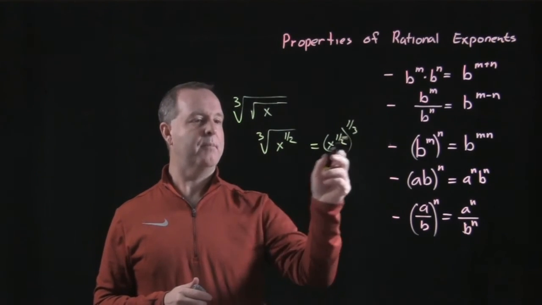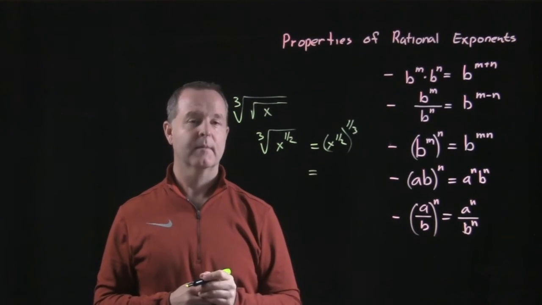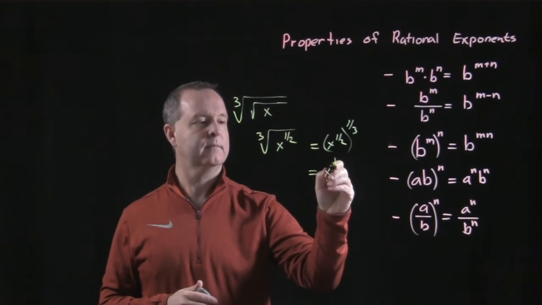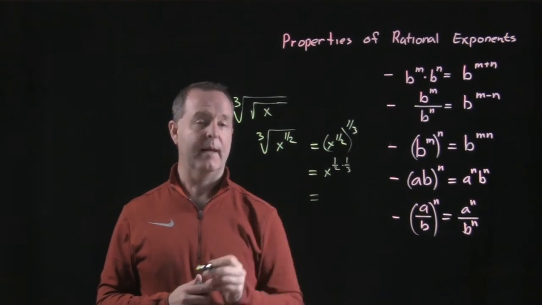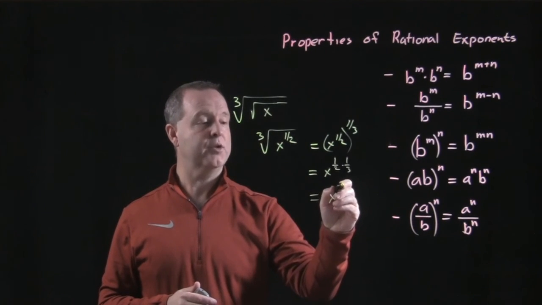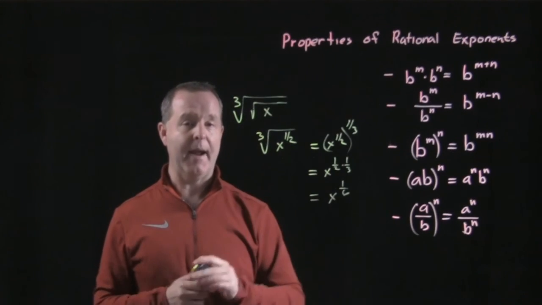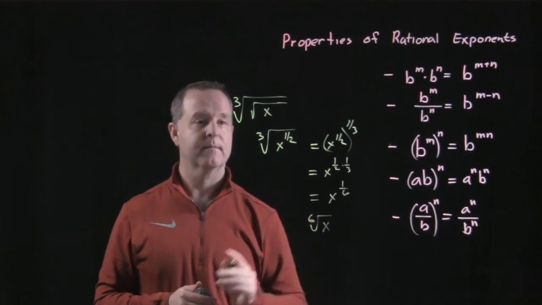And that's using our properties that we've discovered. From here, an exponent to an exponent, you multiply the exponents, and my result in exponential world is x to the 1/6. Rewriting that back in root world, that becomes the 6th root of x.